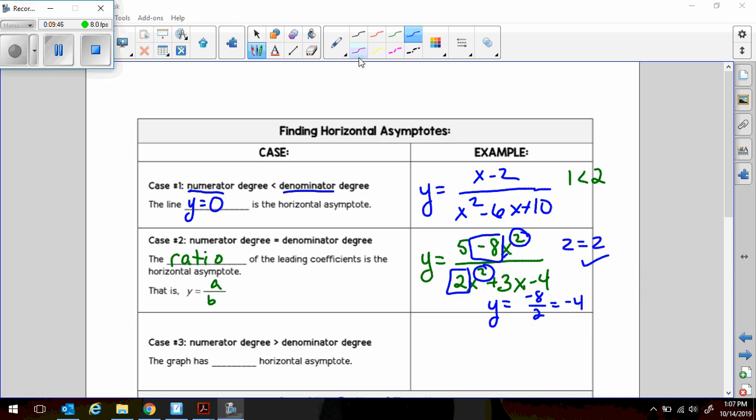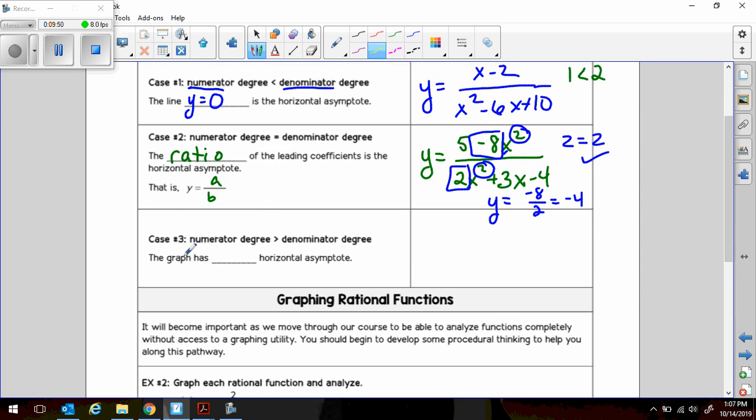Now, the last one says, what if the degree of the numerator is actually bigger than the degree of the denominator? This is my third case. The graph has no horizontal asymptotes. However, it may have an oblique asymptote if the degree is one more than the denominator. An oblique asymptote just means it'll be a diagonal line or a curved line. It could be a quadratic even.